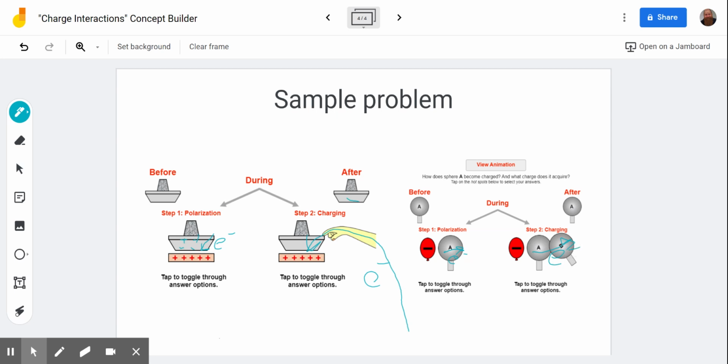And since the electrons have flowed out of A and into B, if we remove B before we get rid of this balloon, then B is going to leave with all those extra electrons. So B will be negatively charged, but because we took those electrons away, A will have a positive charge.